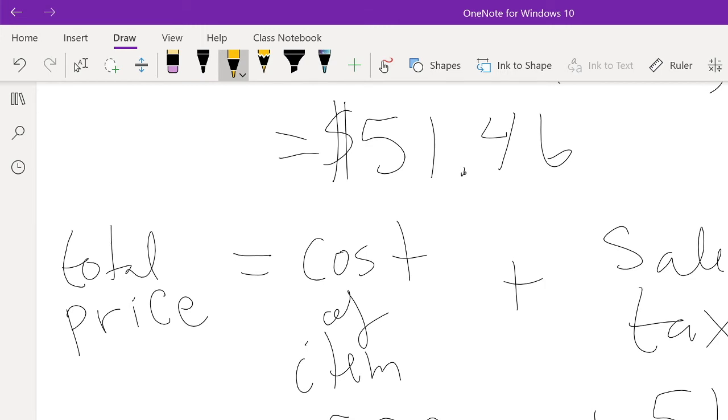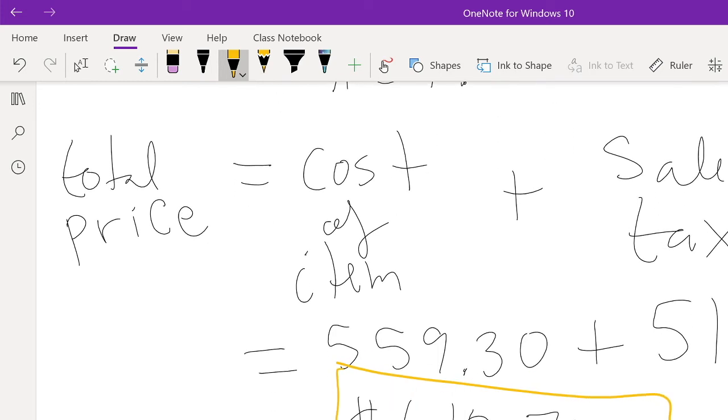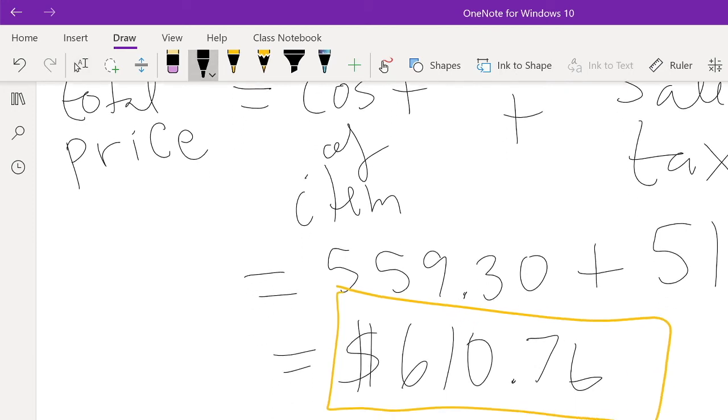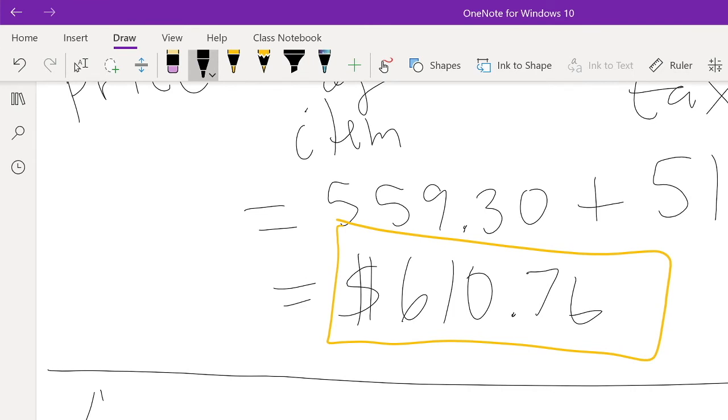Now, similar to step one, there is another way we can do the same calculation where we can minimize the steps. Let's look at another way to find total price.